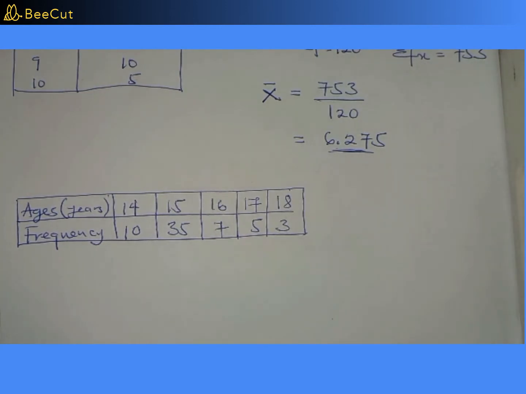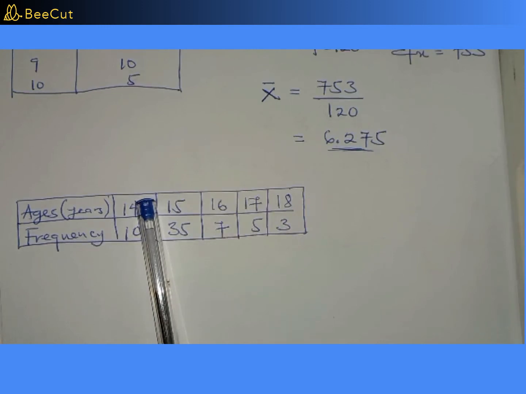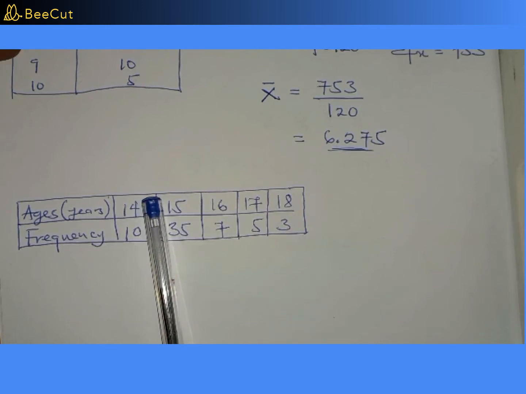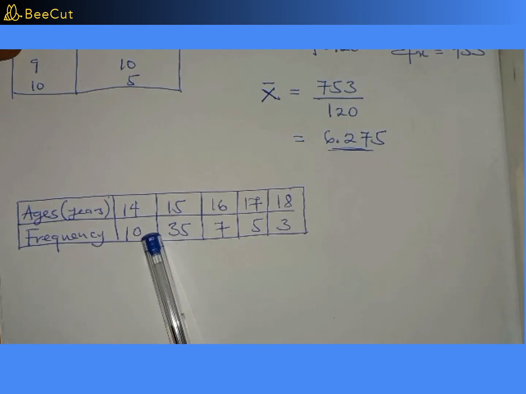Now, because this particular question is in a tabular form, it means that we are going to create a table using the sigma fx over sigma f. Remember, before you work out anything, try and read the questions that are being asked under the table.